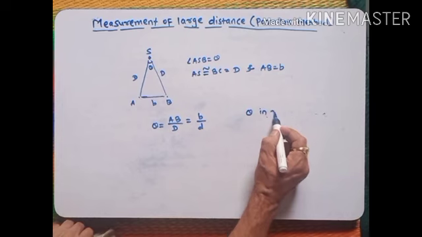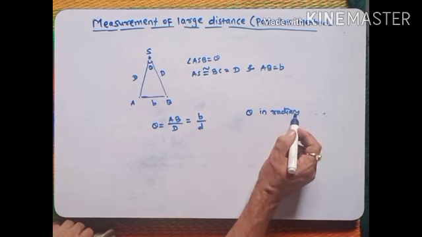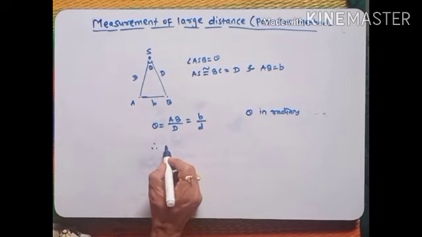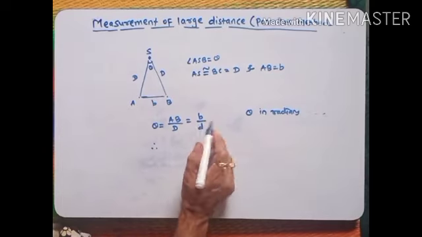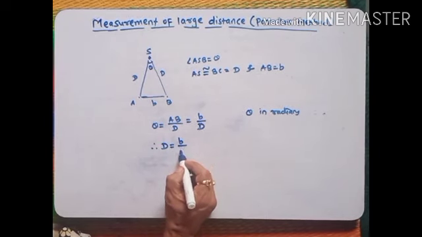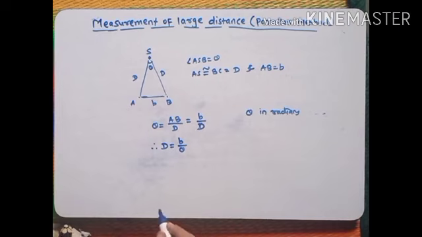Therefore D is equal to b upon theta, and in this way large distances can be measured. I hope you all understand this. Thank you.